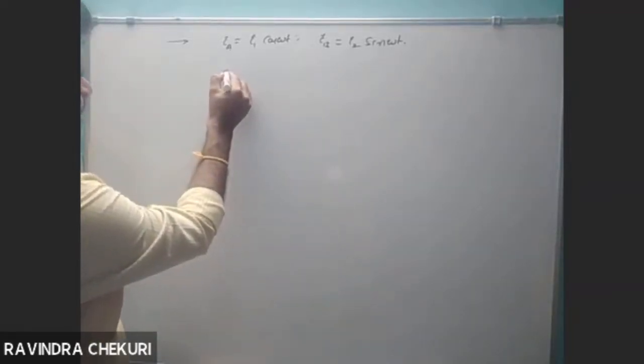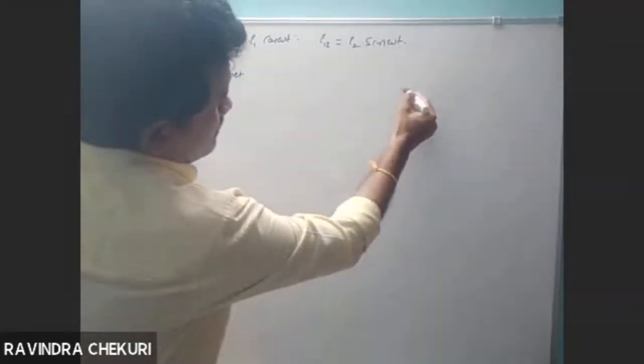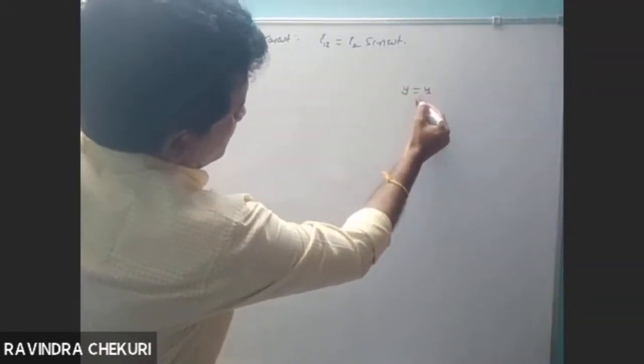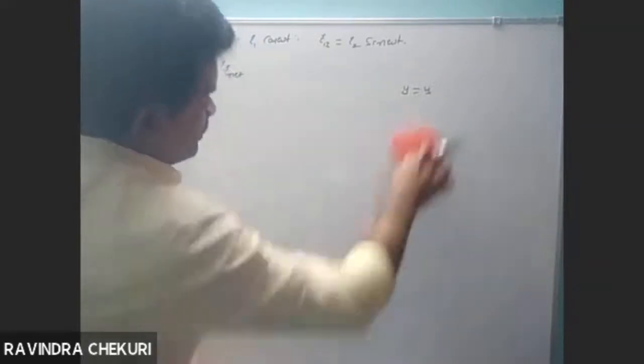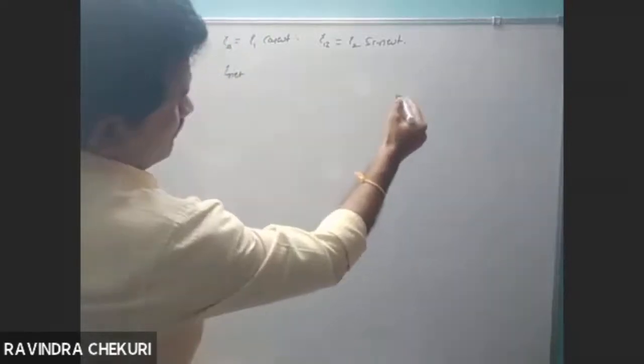So what is the net amount of current? Principle of superposition of waves. Y is equal to y1 plus y2. We discussed this in waves.